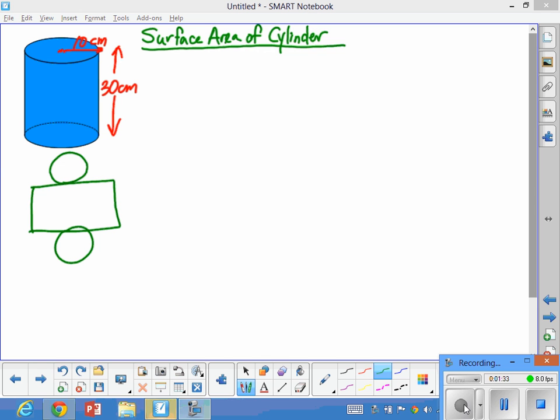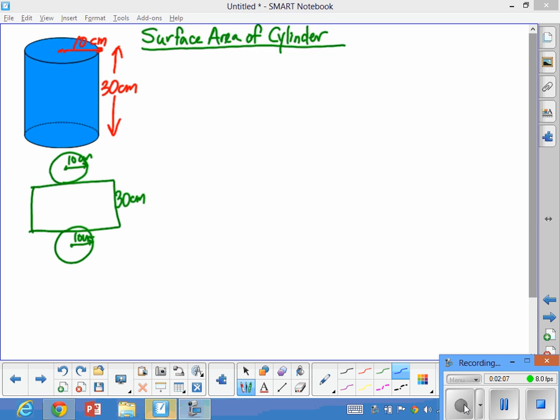We can label it. Our top circle has a radius of 10 centimeters. So does our bottom. And we know that the height of the cylinder is 30 centimeters, so that would actually form the width of the rectangle, 30 centimeters here. We will get to the length shortly, because that's a little bit more tricky and it involves the circumference of the base.